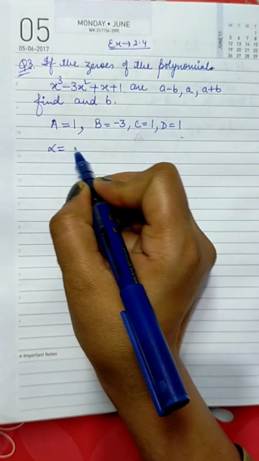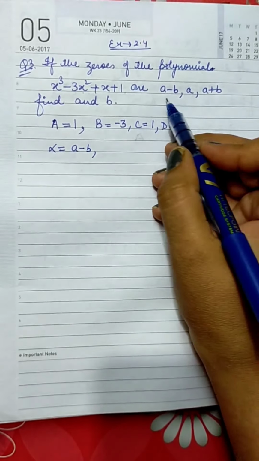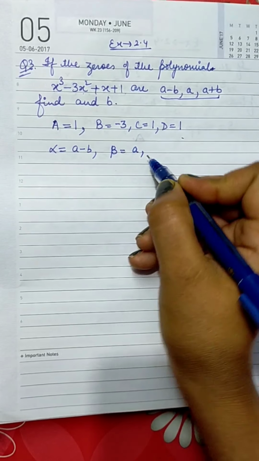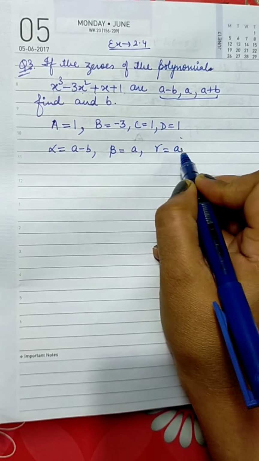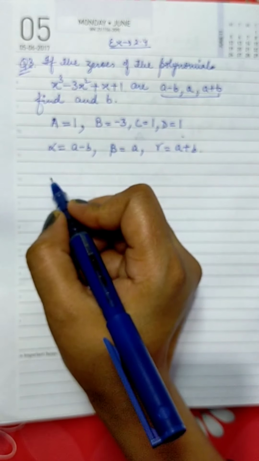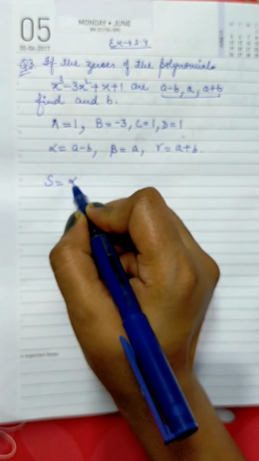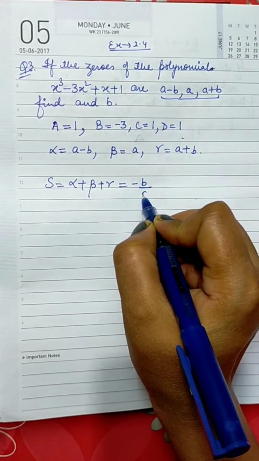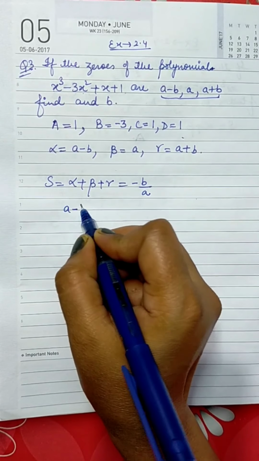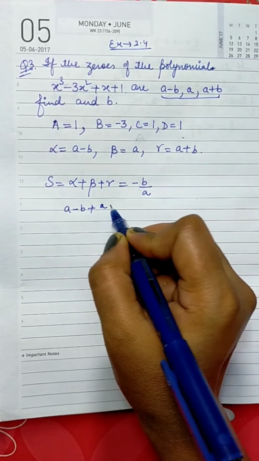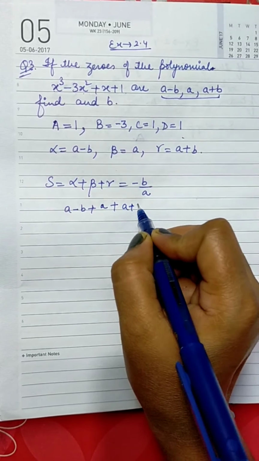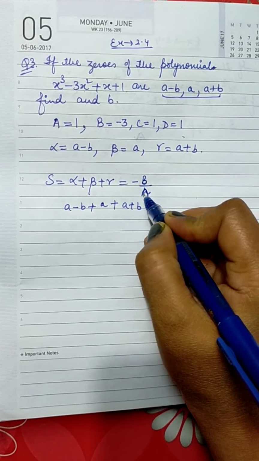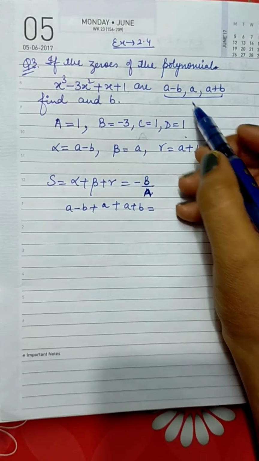And what are the zeros? Alpha, already given zeros, I'm just naming them. Alpha is a minus b, beta is a and gamma is a plus b. So we know the formula for the sum, that is alpha plus beta plus gamma is minus B over A. So alpha is a minus b, beta is a, and gamma is a plus b, and minus B over A. I have to put capitals because we already have small letters with us.